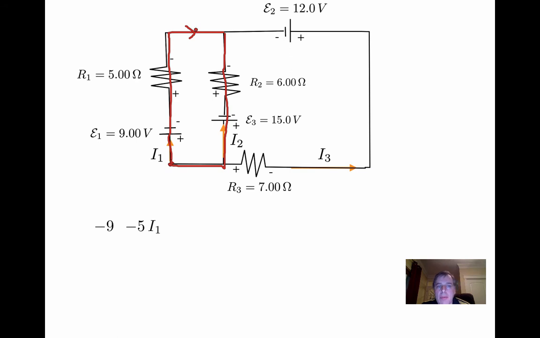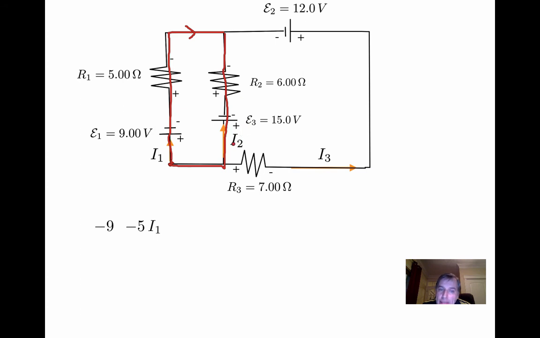Okay, I keep going like this here. This time now, as I go through this resistor, the potential increases. I go from the lower potential to higher potential. So as I go down, the potential goes up, so the voltage will be positive. What is the voltage equal to? It's positive, but what's the value? Again, I use Ohm's law. I know R2 is 6 ohms, and I know the current flowing here now is I2, right?